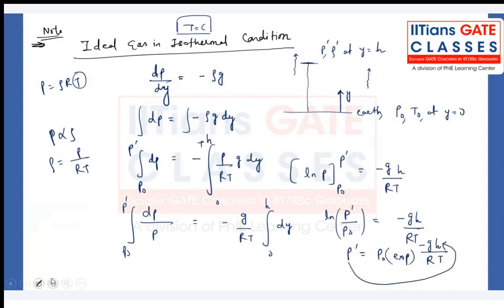This is not varying in a linear manner, it is varying exponentially.